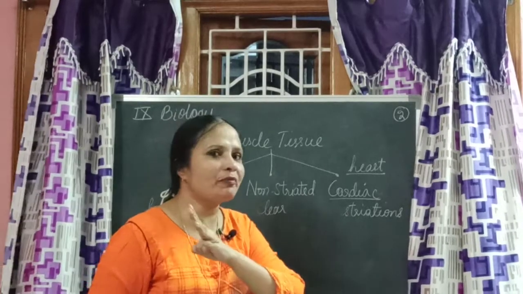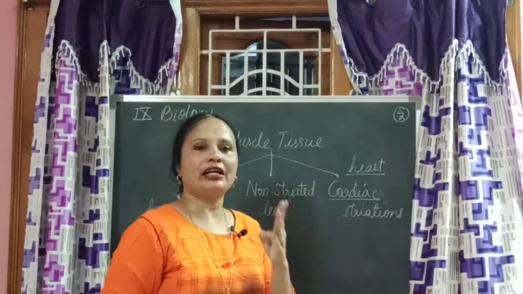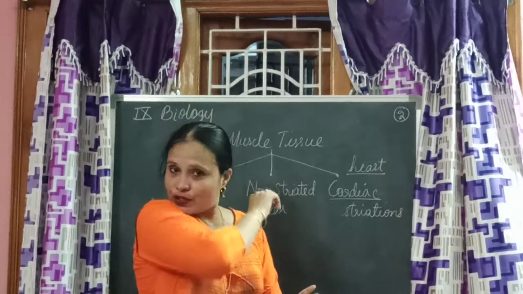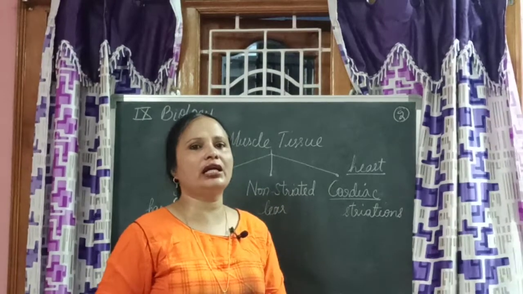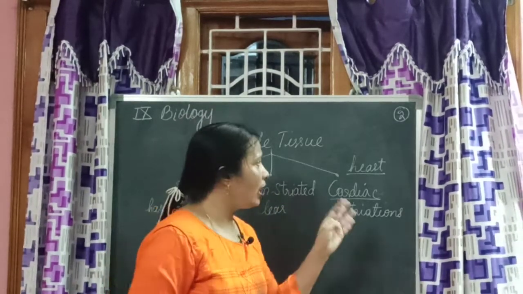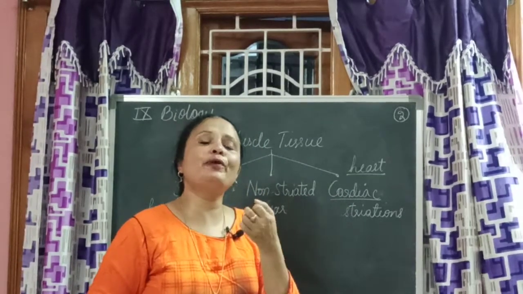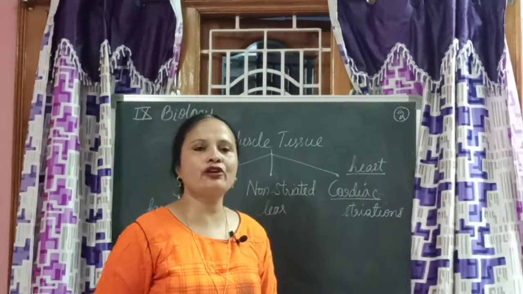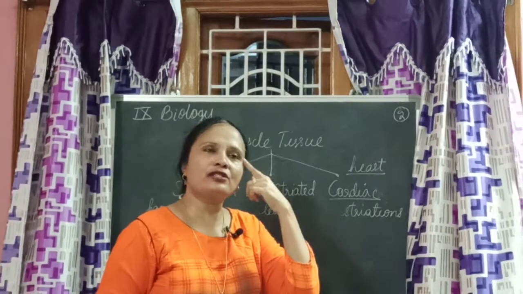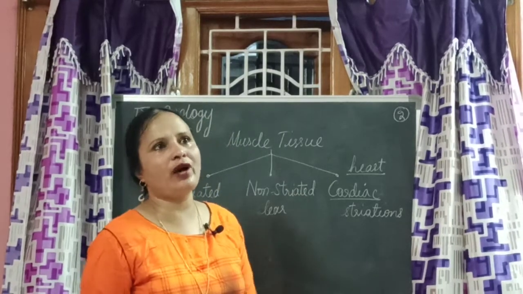That means muscle fatigue should not be there. And the fourth thing is that it should not accumulate lactic acid. Of course, fatigue means lactic acid. And then, of course, it should work by itself. It should not wait for our instruction. Brain has to say, come on heart, beat. No. Heart, now I want rest.